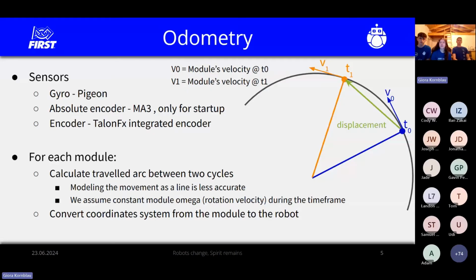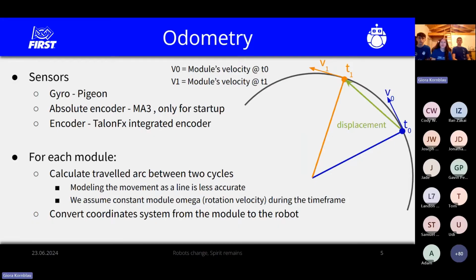Until T1, which is another timestamp, the module has advanced in the V0 direction and velocity, but in T1 it already has another velocity, V1. So we calculate the arc between those 2 timestamps. We use an arc because modeling the movement as a line is less accurate, so our approximation of the module's movement is an arc.